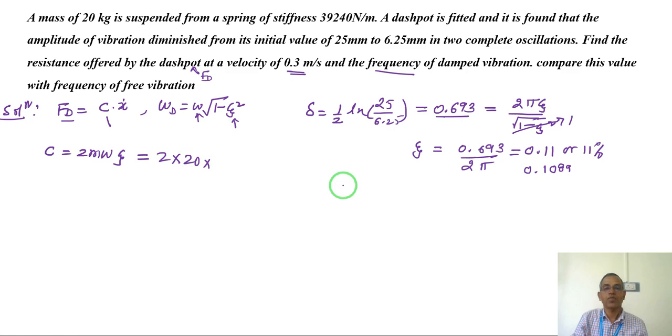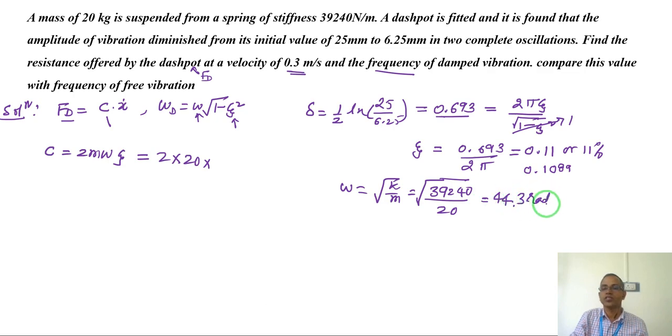The omega can be found out. Omega is the square root of k by m, where k is 39240 Newton per meter. I need not change units. Divided by 20 kg, I can get omega as 44.3 radians per second.